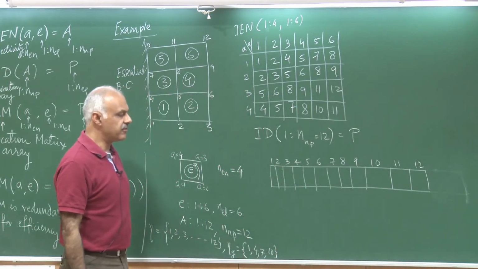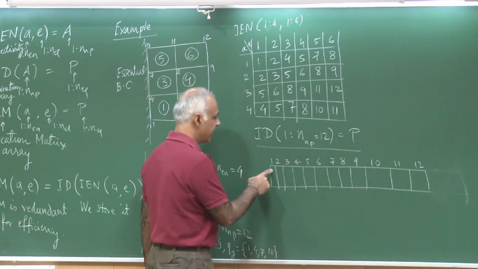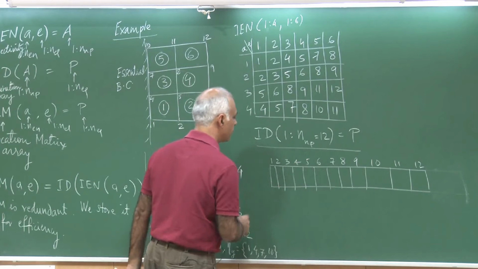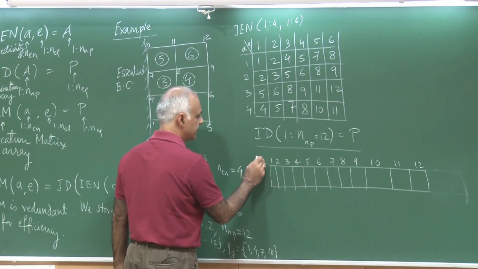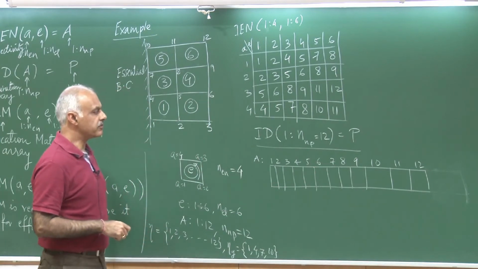I have made a box where I can get the ID array for each of these node numbers. So, please notice that I have written the node numbers on top of each entry.